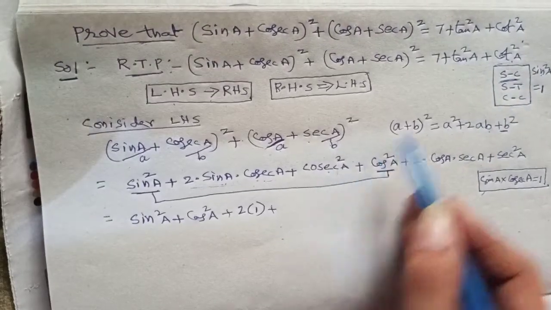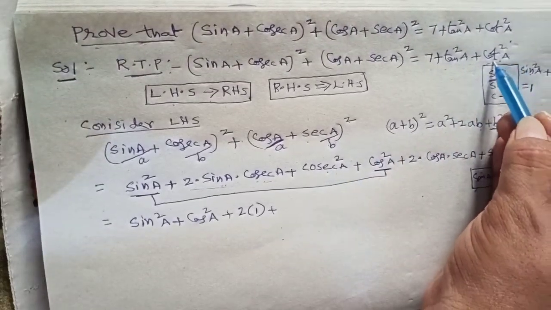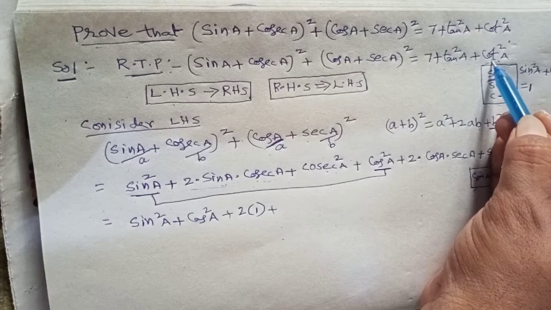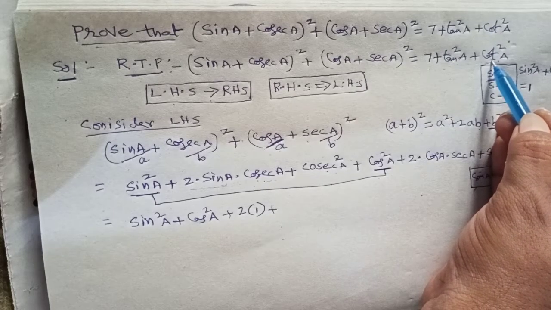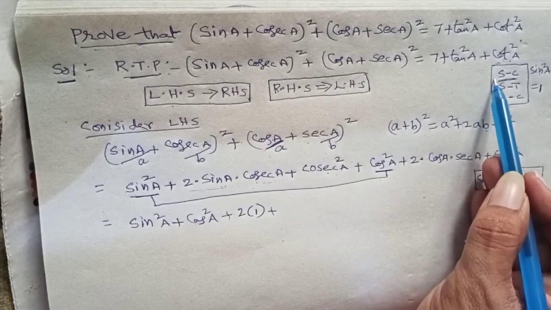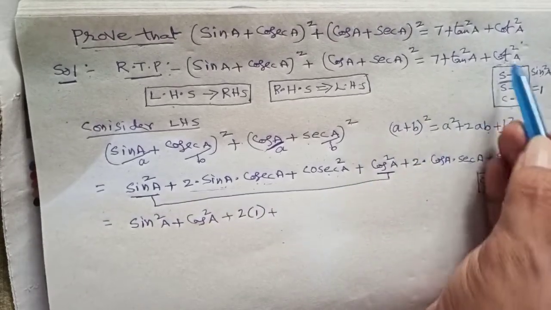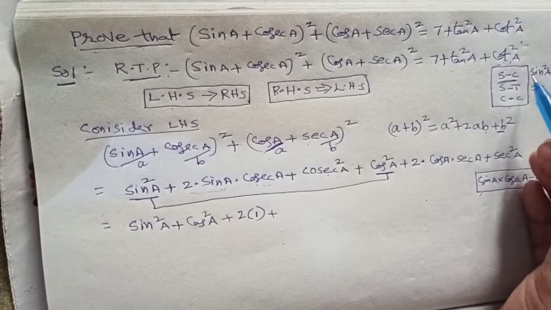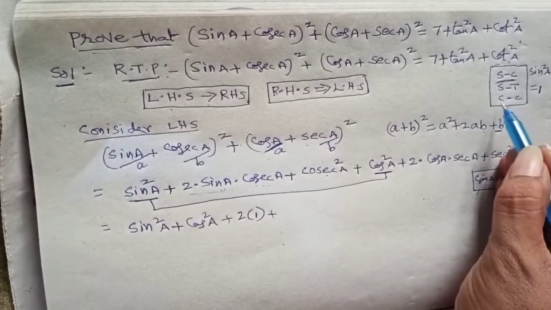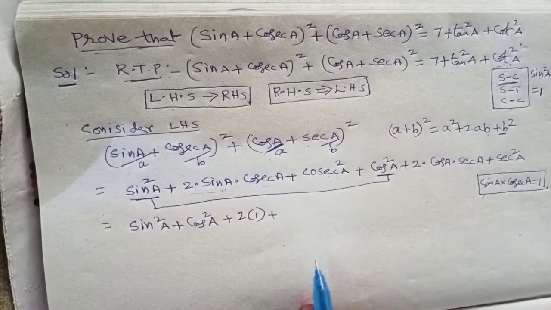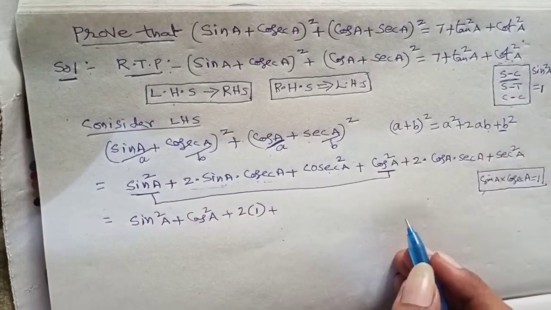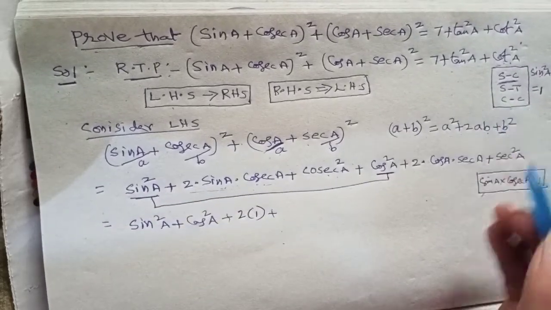Therefore, whenever you find squares of ratios, there will be a chance to apply identities. If you go through these identities, SC, ST, CC, cosecant and cot fall into which identity? Clearly we can conclude that it is CC.